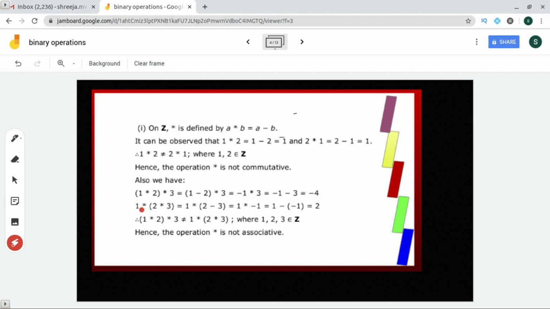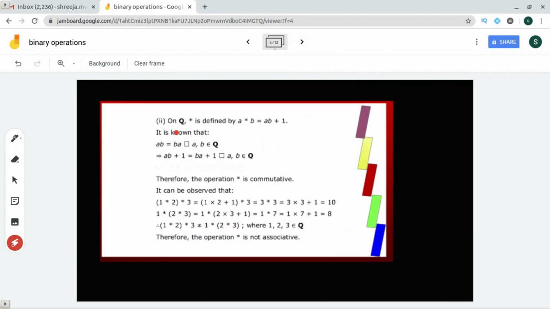Now 1 star (2 star 3): first we do 2 star 3, which is 2 minus 3, that is minus 1. 1 minus minus 1 is 2. So (A star B) star C is not equal to A star (B star C). Minus 4 is not equal to 2. So star is not associative.